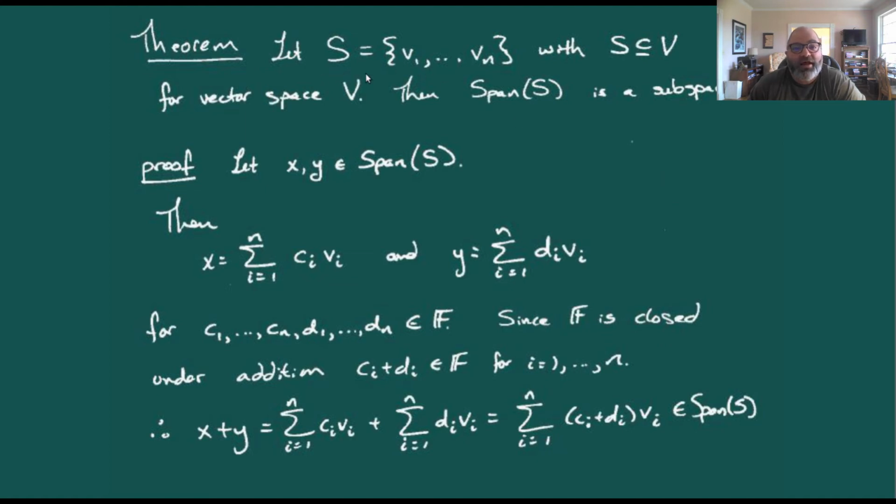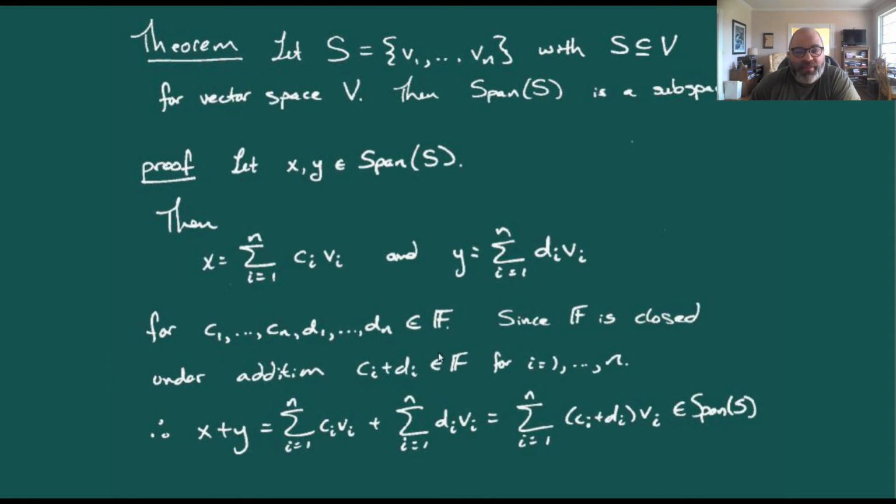If we take a set S of vectors v1 up to vn that's a subset of our vector space, then the span of that set S is going to be a subspace. If x and y are elements of our span, then we've got linear combinations of the v1 to vn with coefficients ci that give us x, and with coefficients di that give us y.